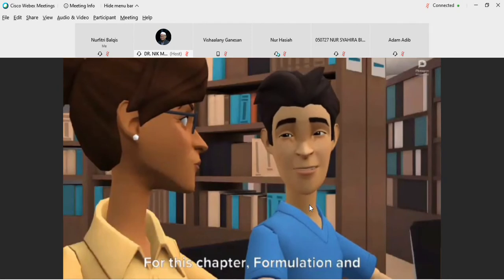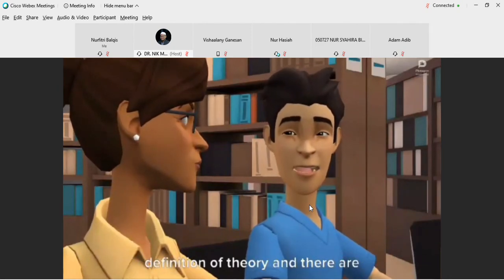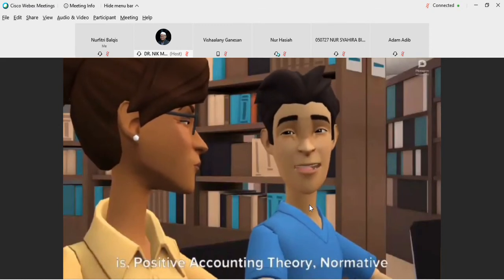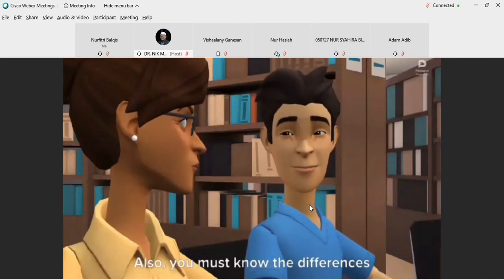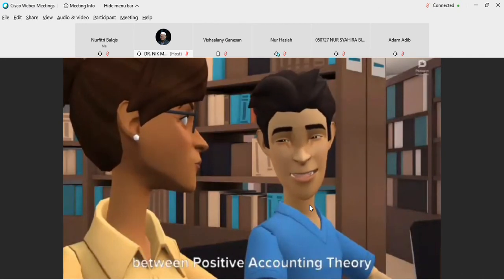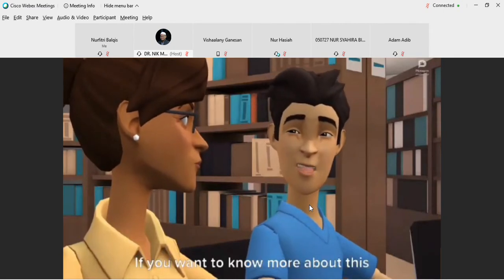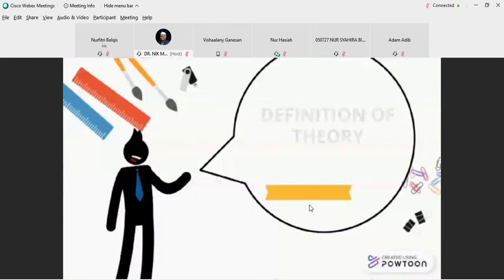For this chapter, formulation and verification of accounting and the accounting theory, you must know the definition of theory. And there are three theories in this chapter, which is positive accounting theory, normative accounting theory, and agency theory. Also, you must know the differences between positive accounting theory and normative accounting theory. If you want to know more about this chapter, you can hear this explanation.